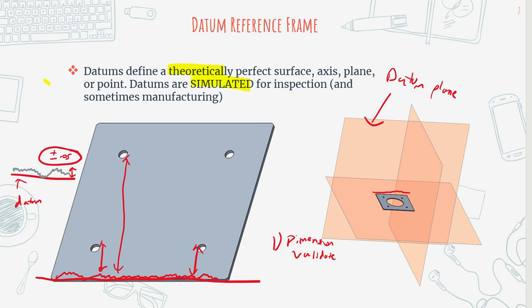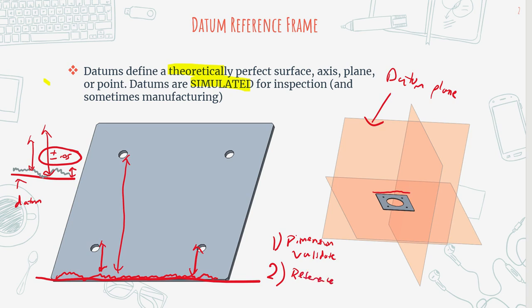So that just makes everything a lot easier, right? You're not measuring off of these peaks and troughs. You're measuring directly from this common, flat datum, perfect simulated surface, and then you just have to add in the imperfection range afterwards.